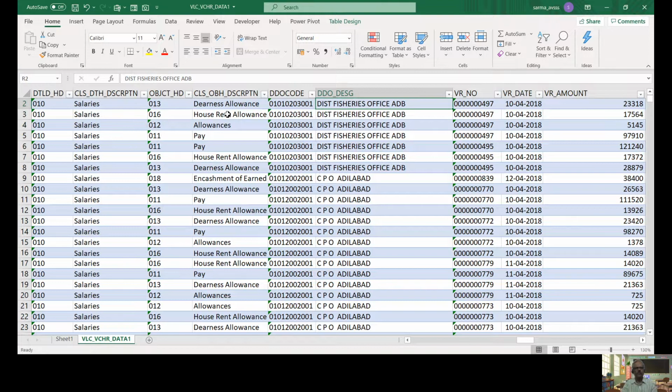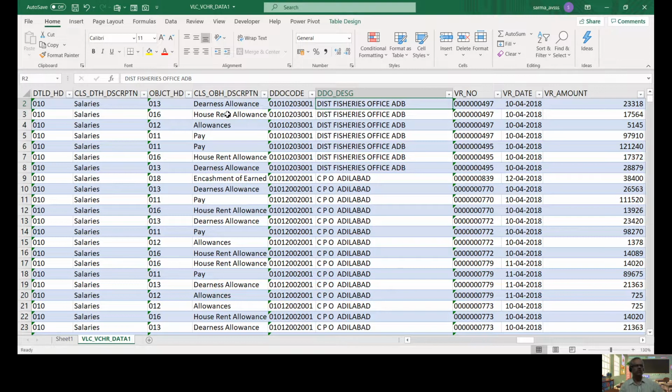methods. They will pick up some vouchers and analyze those vouchers. If any issue is noticed in those vouchers, then they will go into other vouchers pertaining to the similar expenditure or the DDO and so on. In this process, the one small issue is that there is a threshold.